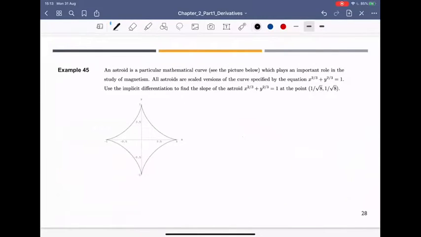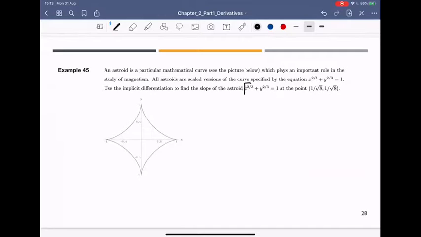This is the easy one. An asteroid is a particular mathematical curve, shown in the picture, which is used a lot in the study of magnetism. In physics, you may see this picture a lot. The equation is x raised to the 2/3 plus y raised to the 2/3 equal to 1.